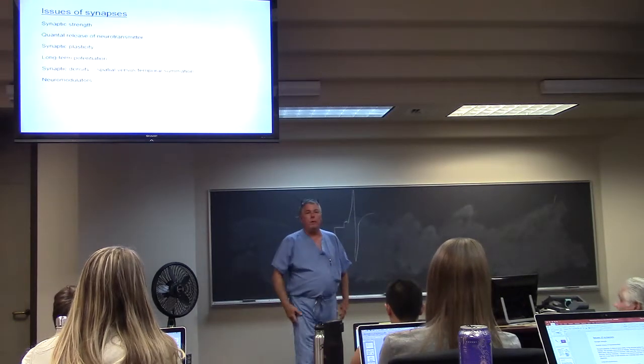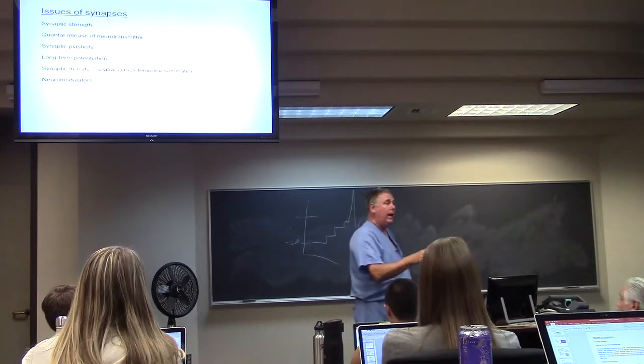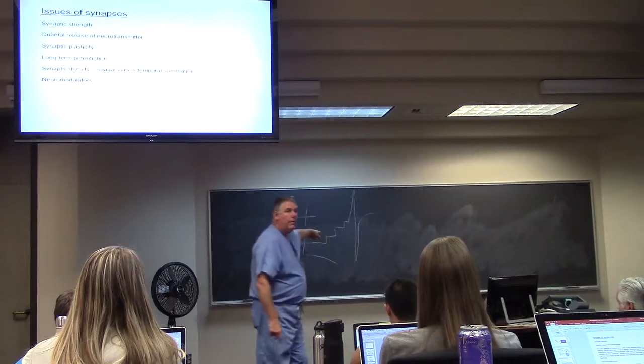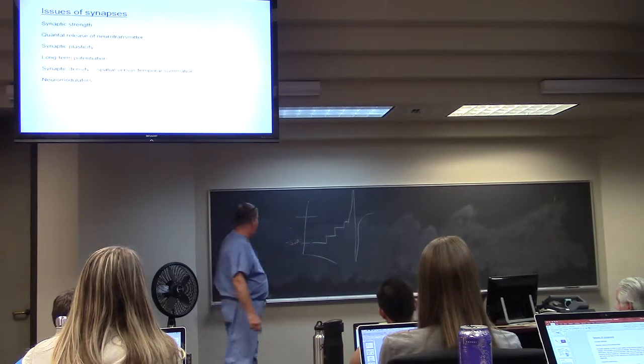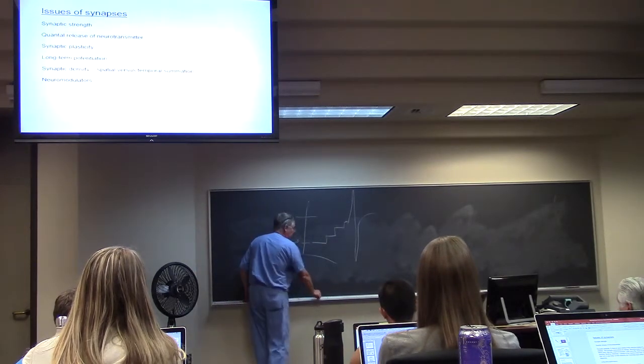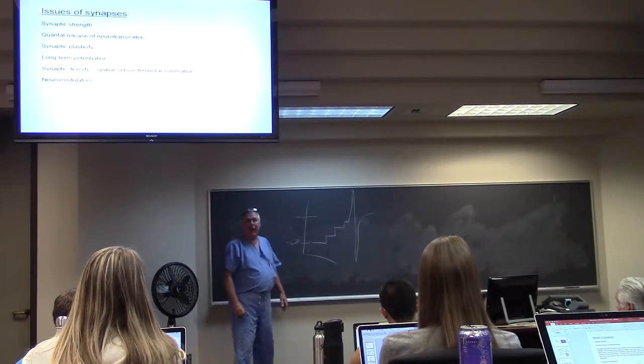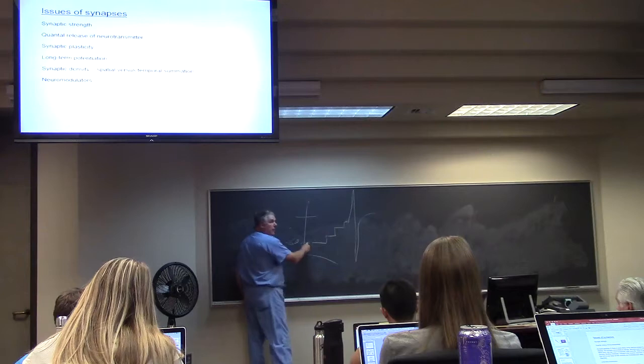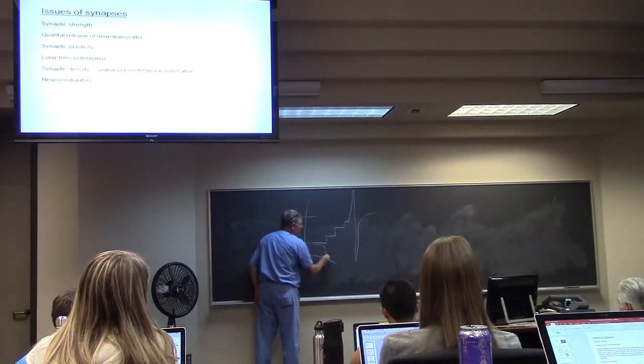That's what quantal release of neurotransmitter is. And actually, I'm showing that you can facilitate neurotransmission. You can actually use something like gamma aminobutyric acid, GABA, which drives the membrane deeper.